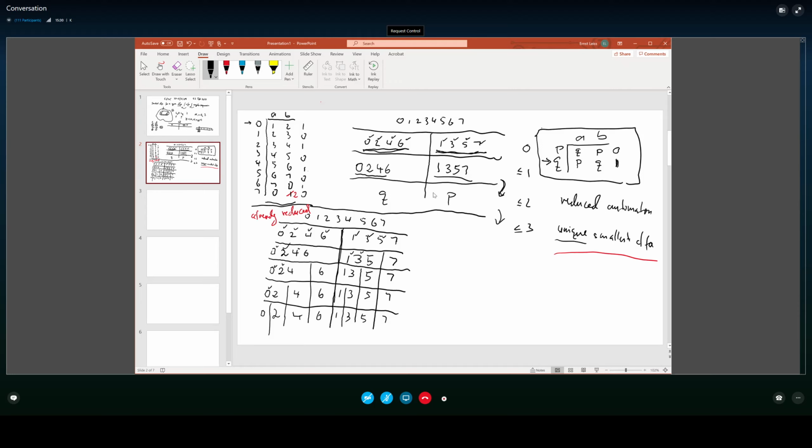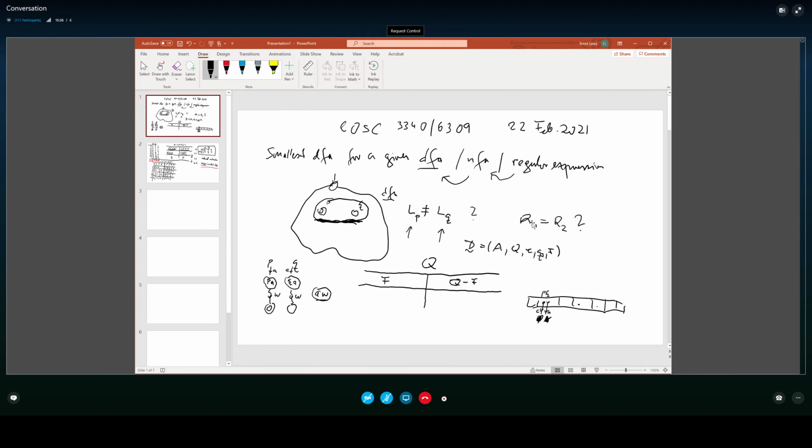But at the same time, there are also theoretical issues. If you want to test whether two languages, say you have two regular expressions, alpha 1 and alpha 2, well, it'll give you two languages. L sub i is R i. So the language denoted by alpha 1 is R1. The language denoted by alpha 2 is R2. Are they the same?